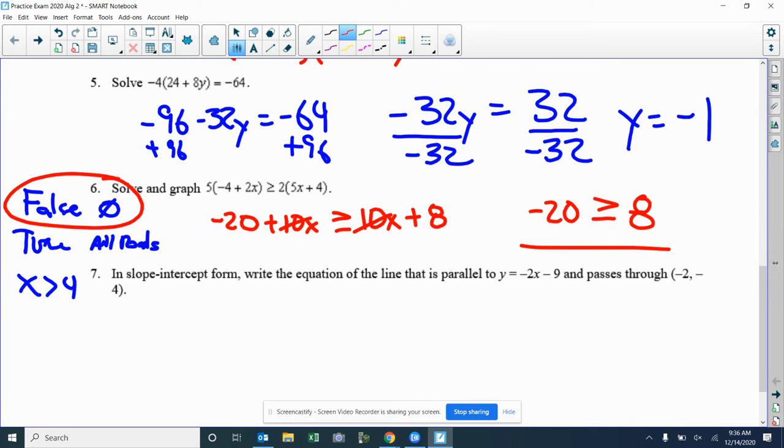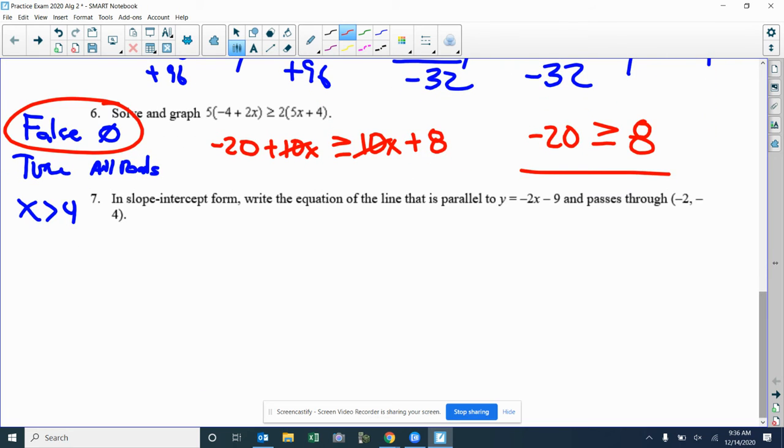How we doing there? Everybody good? We're on number 7. Now, number 7, you're gonna need a formula. And again, I won't provide that. That's what your car's for. And that's gonna be y minus y1 equals your slope, x minus x1. That is the point slope form.